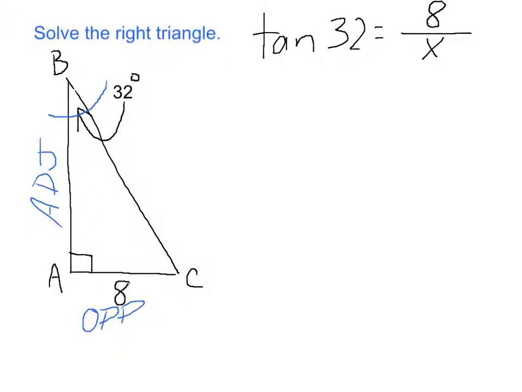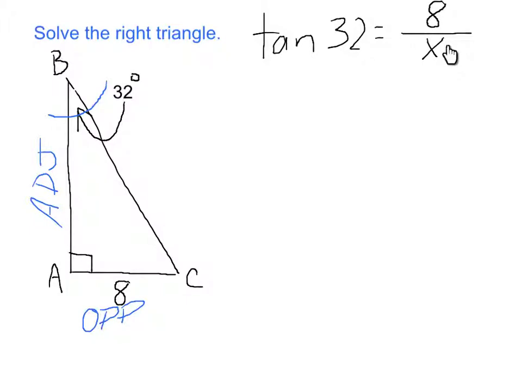If X is on the bottom of the fraction like it is here, to solve this, I can either write out two steps, or you can take the shortcut that I showed you in class, which is just to swap this X and the entire term over here to the left of the equal sign.